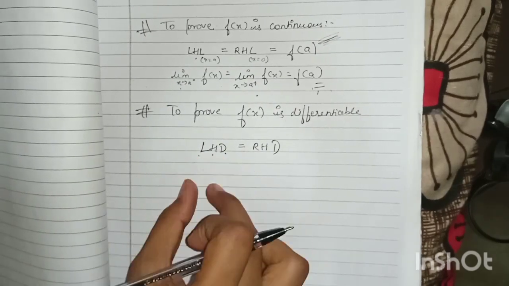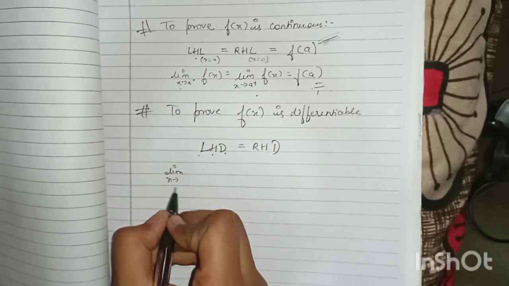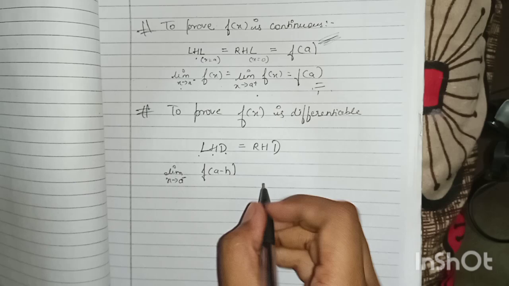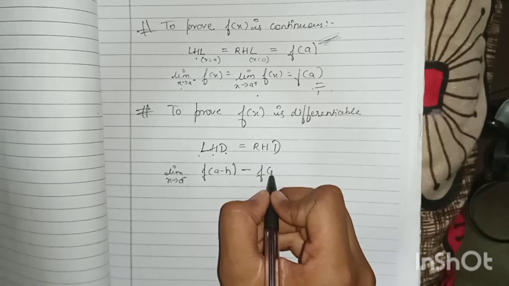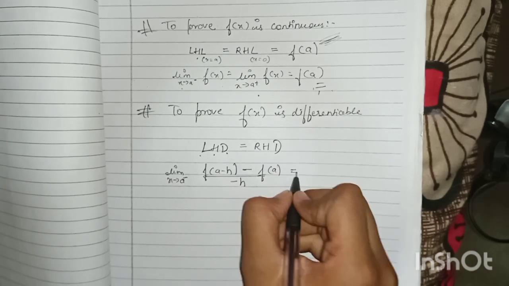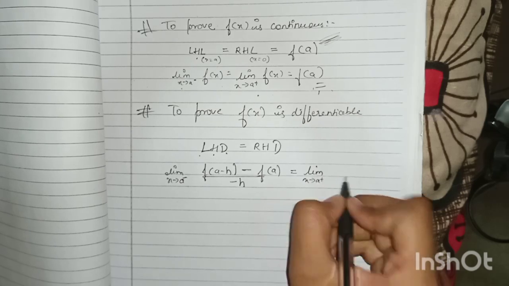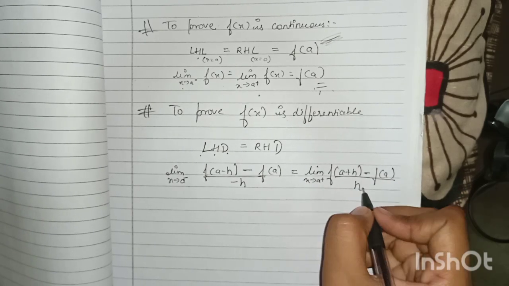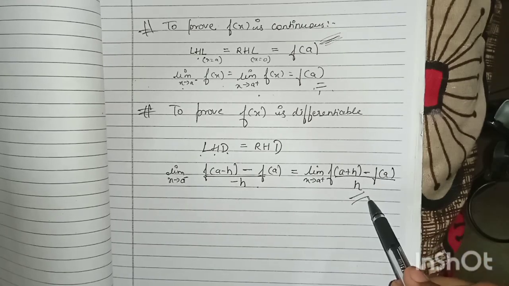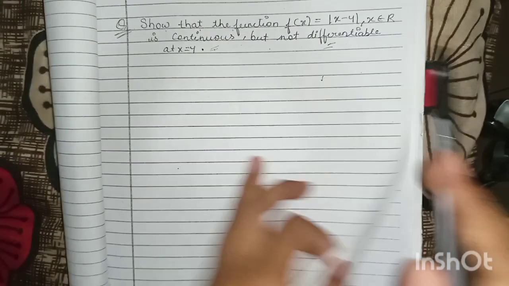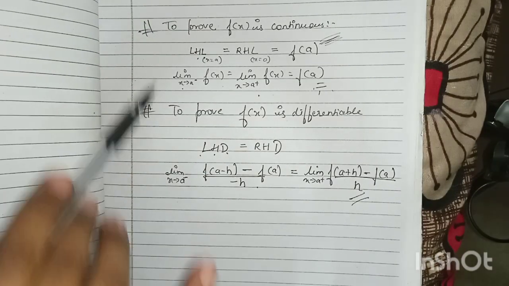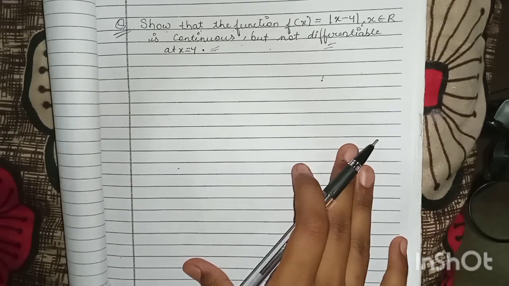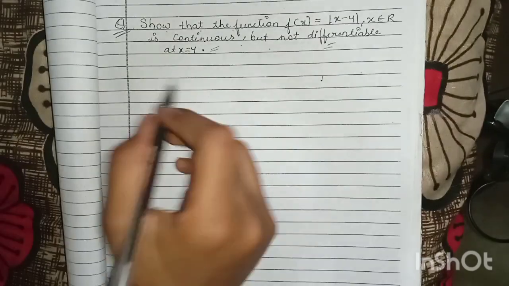So we have to prove that limit h tending to 0 of f of a minus h minus f of a divided by minus h is equal to limit h tending to 0 of f of a plus h minus f of a divided by h. Using these two concepts, we will solve this question. And I'm sure that if you have learned these two concepts, it will be very easy to solve this type of questions. So now let's begin to solve this question.